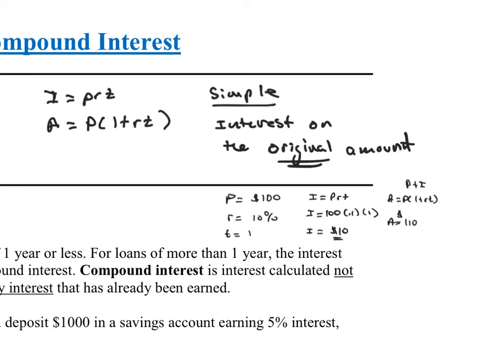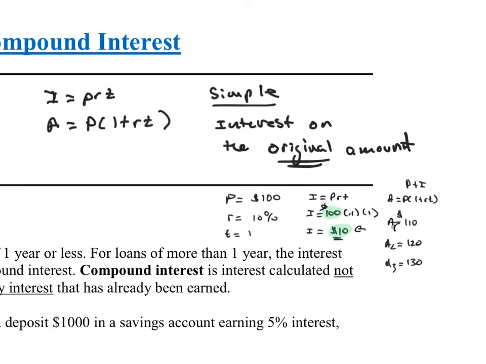That amount of interest is that $10, because that interest always comes from the original value. So after 2 years, I would add another $10 and have $120. After 3 years, I'd have another $10, so that'd be $130, and so on. This is how it would continue. You always get $10 of interest, coming from the initial investment amount.